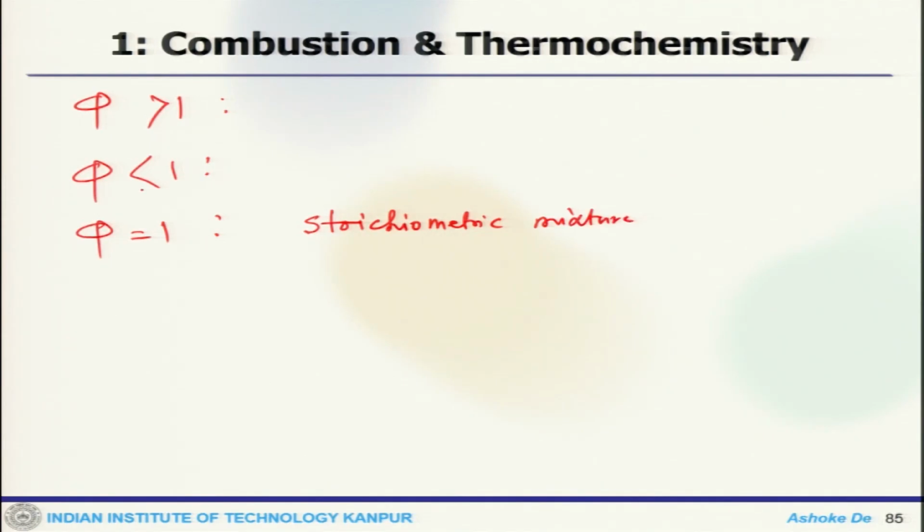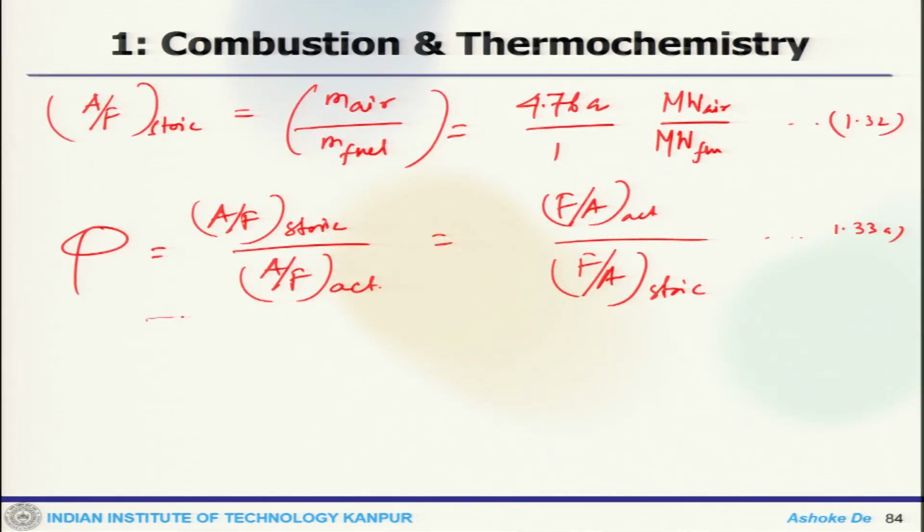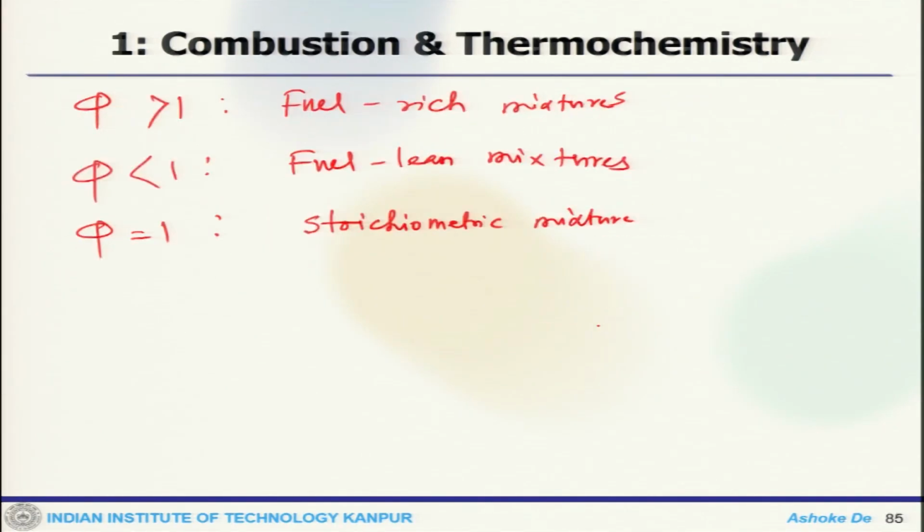Then when phi is less than 1, you will have a fuel lean mixture, and automatically phi greater than 1 would be a fuel rich mixture, and one can look at the equation that we have derived here for the corresponding values. Now, another thing is the percentage of stoichiometric air and the percentage of excess air.